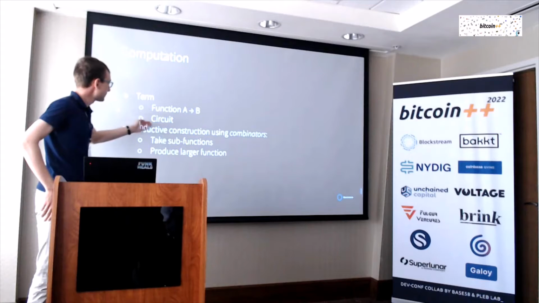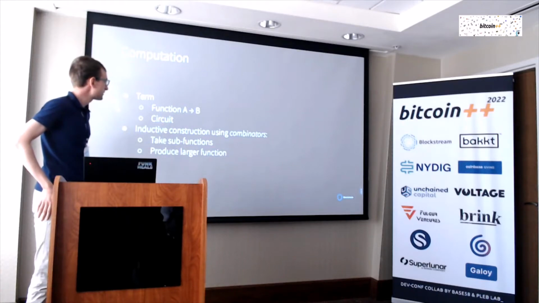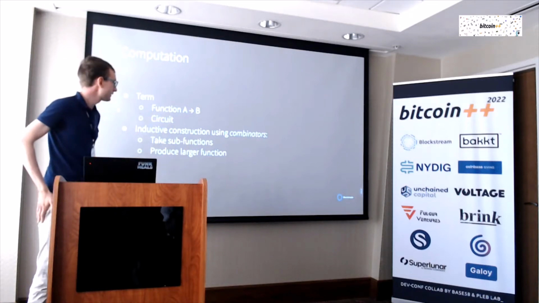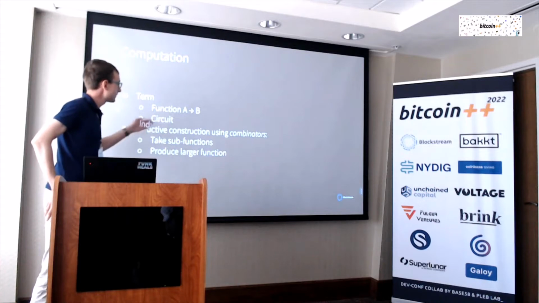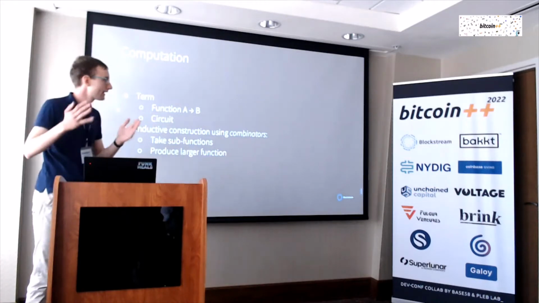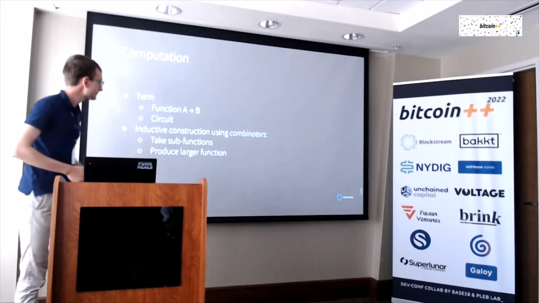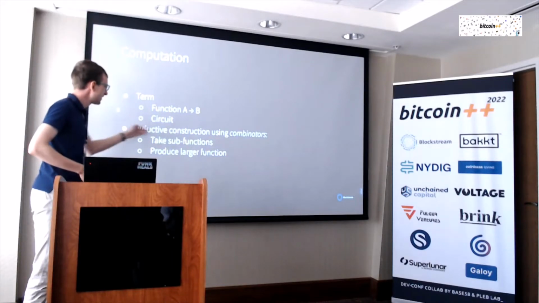Something that might make more sense even is to think of these terms or these functions as circuits, right? Because Simplicity consists of circuits basically that take inputs and produce outputs using kind of gate-like structures. And the way we do this is inductively.